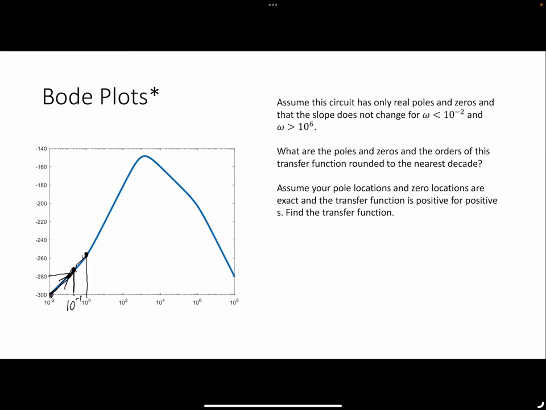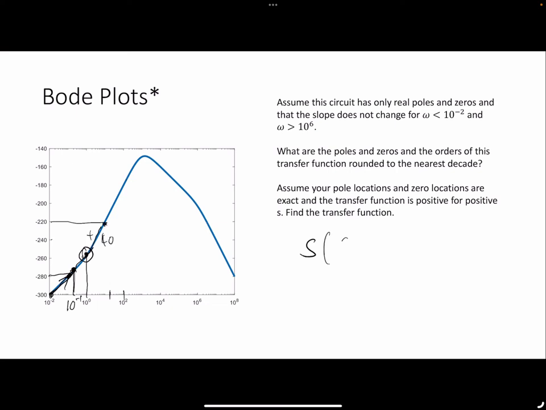How many zeros do you expect there to be at 0? Yeah, exactly. So this thing probably has a transfer function of S. And then here, the slope becomes bigger by how much? And yep, so it becomes 40.